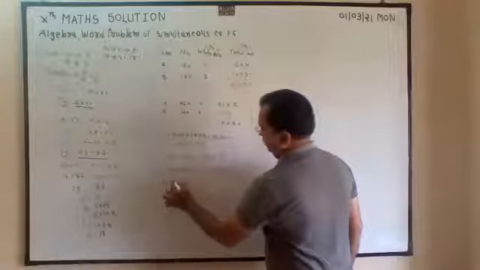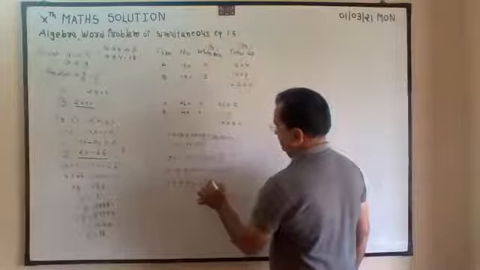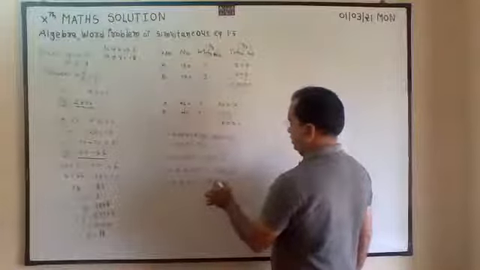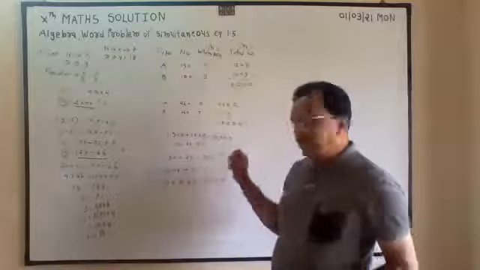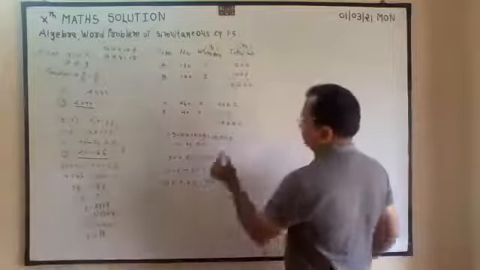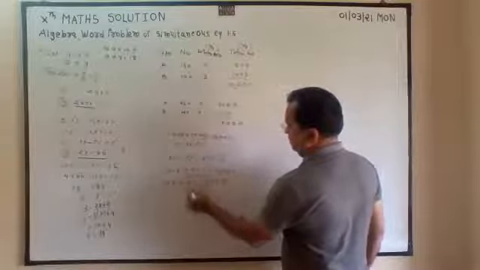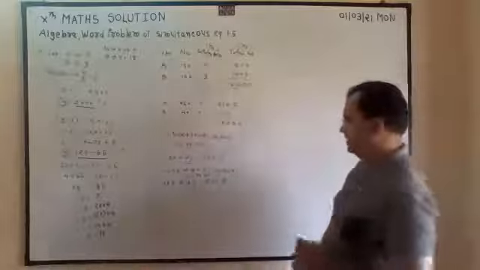So 13x plus 2y. This all I have divided by 50. This all divided by 20 because this way you will get it equal.